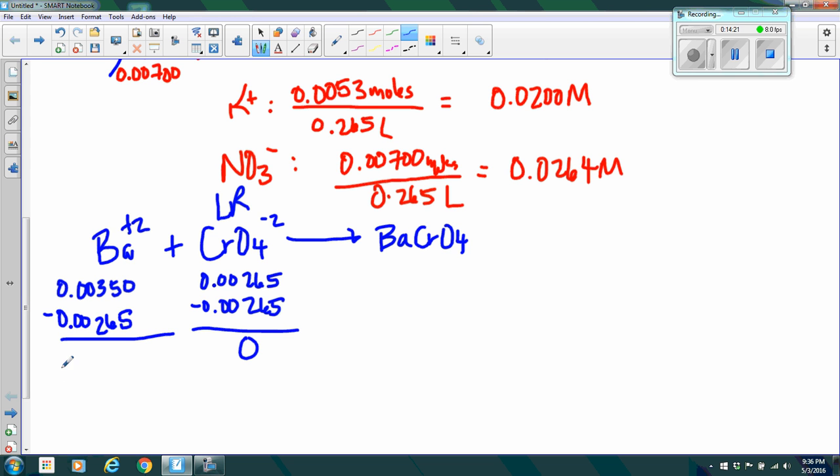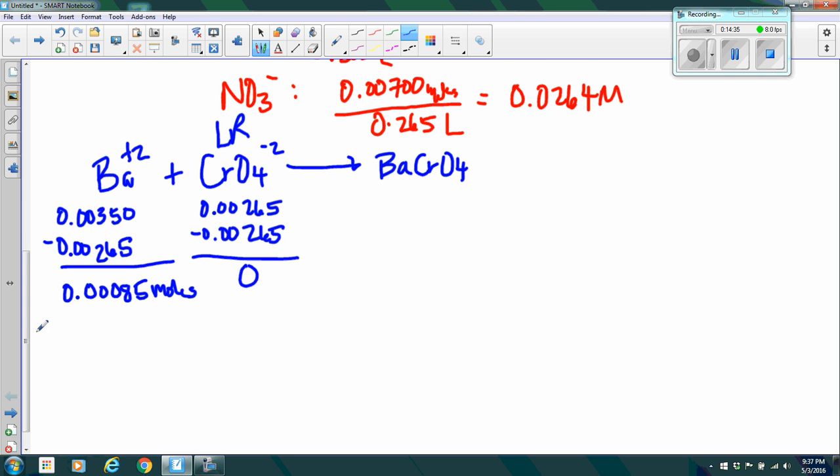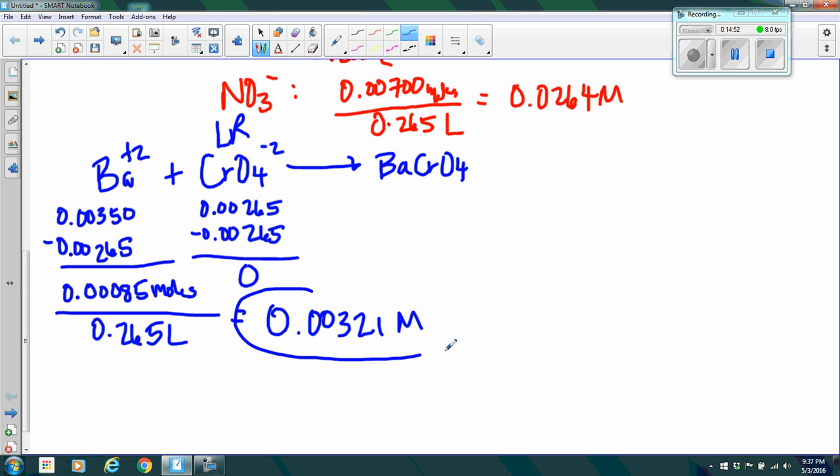So if I subtract those two, I get 0.00085 moles. Well, if I want the molarity of that, that's my excess moles, what's left over, divided by the total number of liters that I still have in my solution, that is not changing. And my molarity of those excess barium ions is 0.00321 is my molarity.